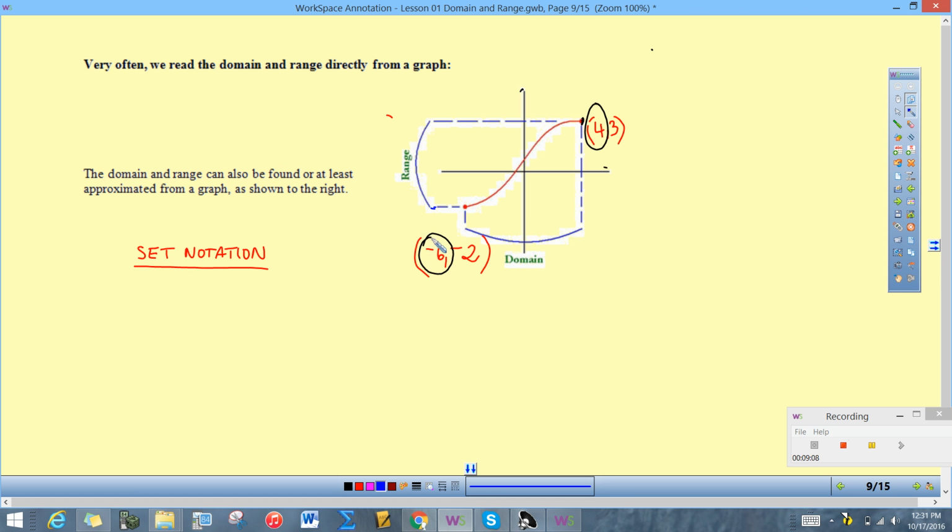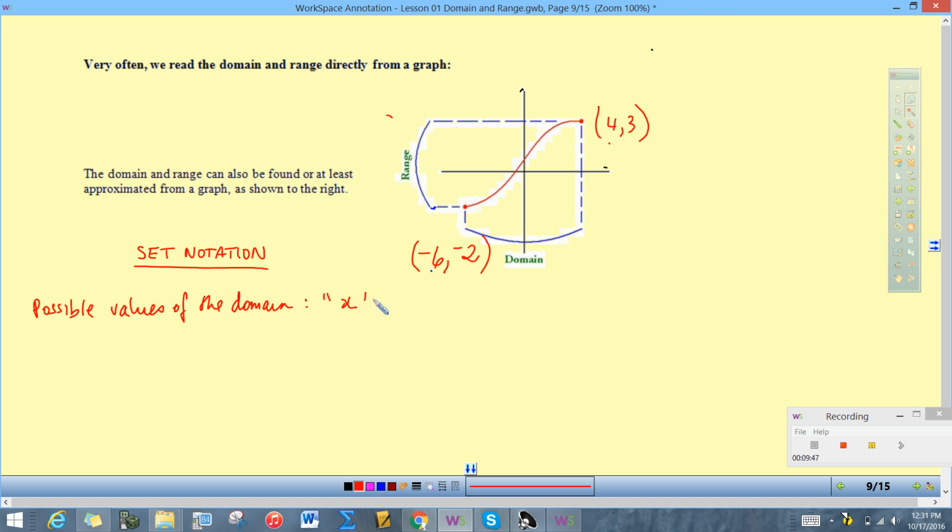So if I take a look at this graph here, I know that if I'm looking for the possible values of the domain, remember that we're looking at our x values.